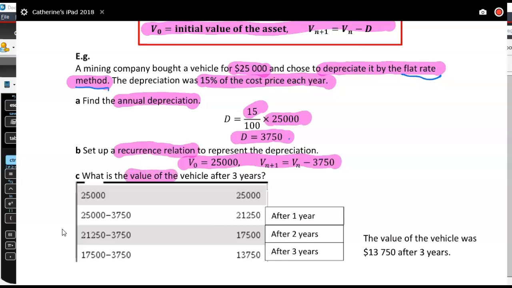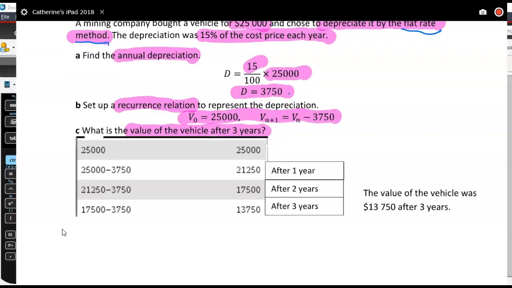What is the value of the vehicle after 3 years? So you can see I've popped that into my CAS for you and done that. So after 1 year, 2 years, 3 years, the value of the vehicle was $13,750. It's gone down by the same amount each year.